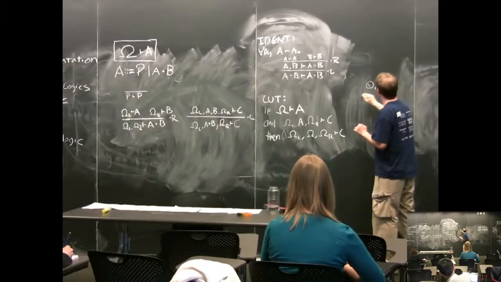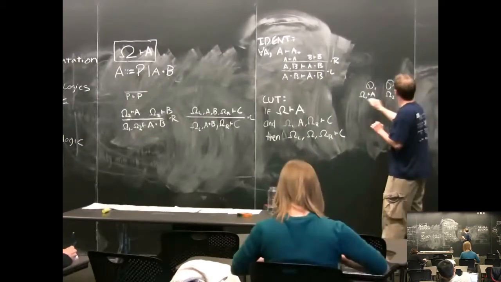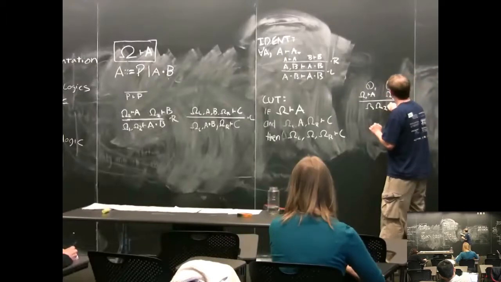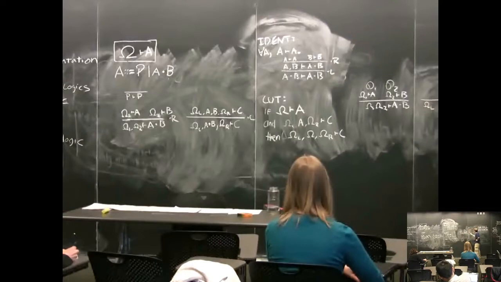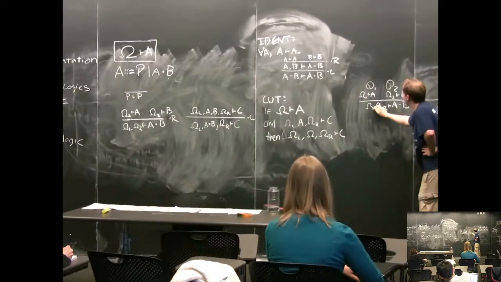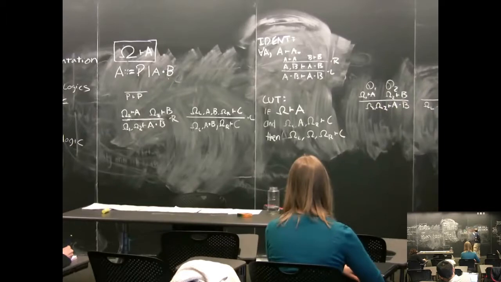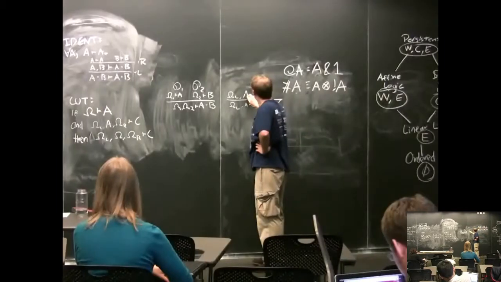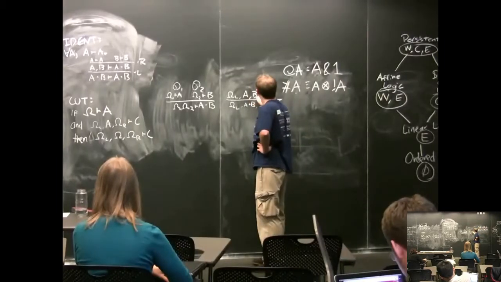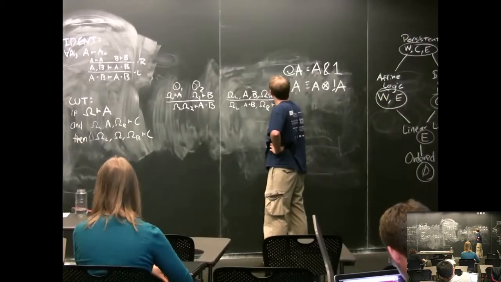If I've got D1 and D2, which is omega 1 proves A, and omega 2 proves B, and omega 1, omega 2 proves A conjoined with B. And then over here I have omega left, A conjunction B, omega right proves C. Then all right.